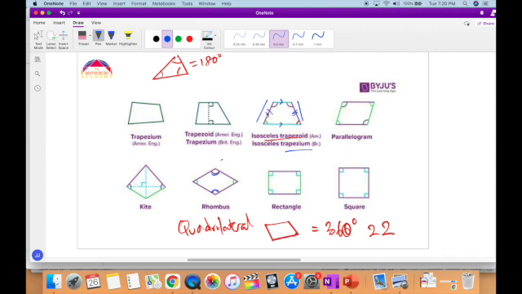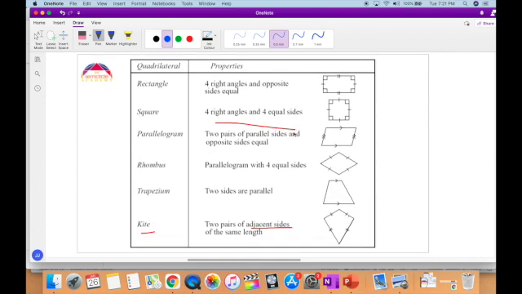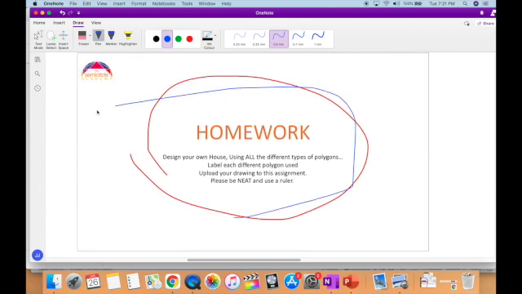And because they are equal in an isosceles trapezoid, these 2 angles will be equal as well as these 2. You could think about it like an isosceles triangle, right? That's why they call it an isosceles trapezoid. We have some more properties here that we already spoke about, so we don't have to get too much into it. And that's it.